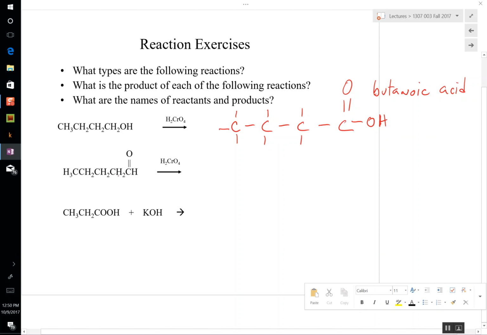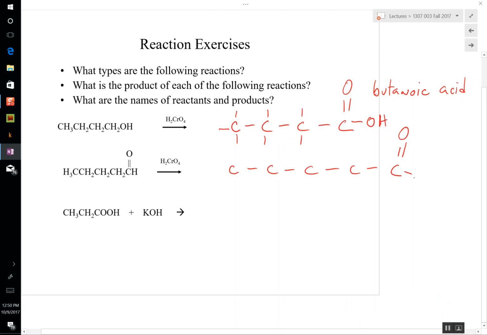Now the one below, we have pentanal. It's a 5-carbon aldehyde. So just to make the point that you can start either with a primary alcohol or an aldehyde and produce a carboxylic acid. 5 carbons.